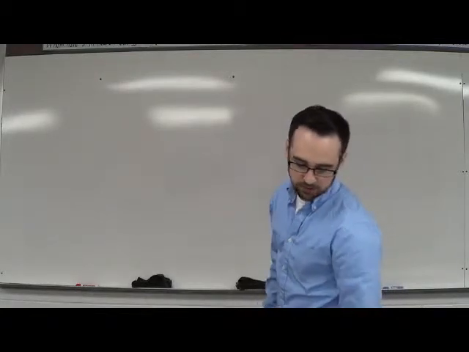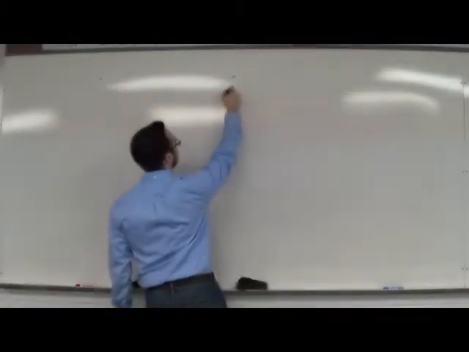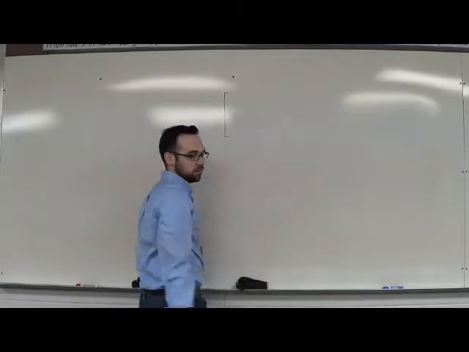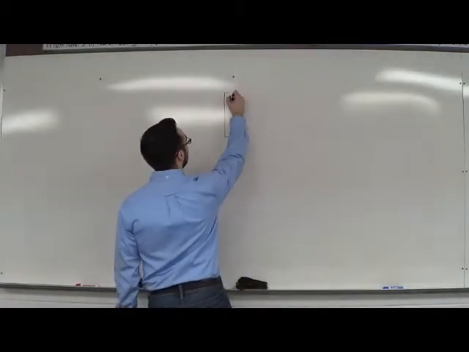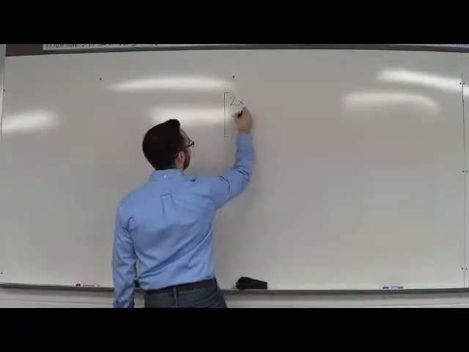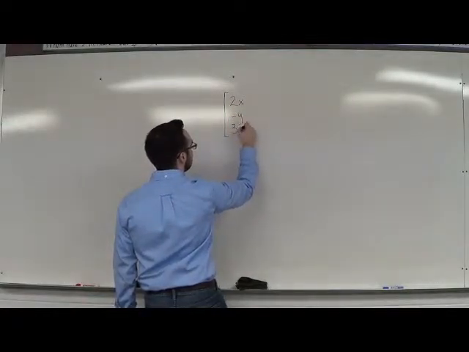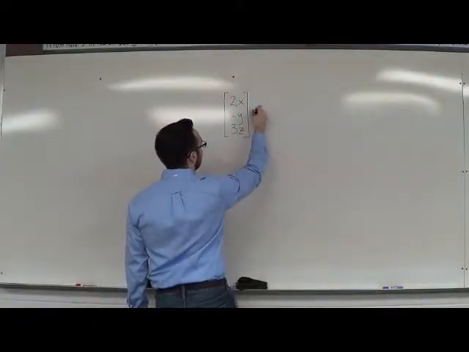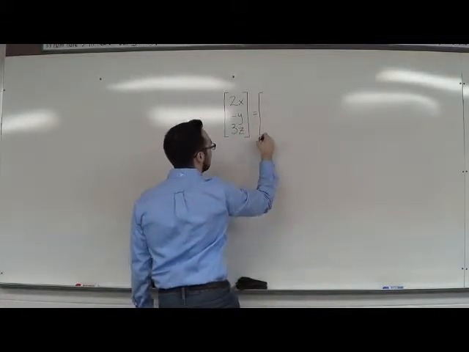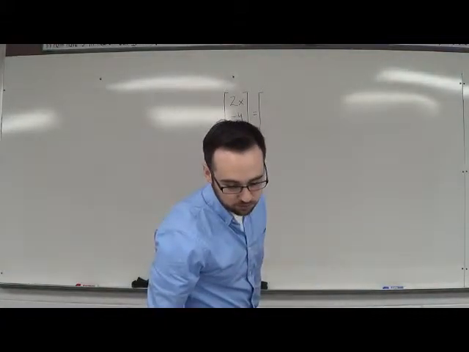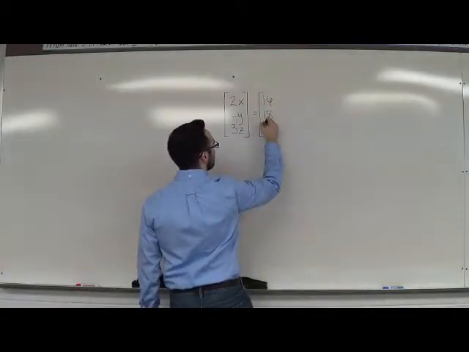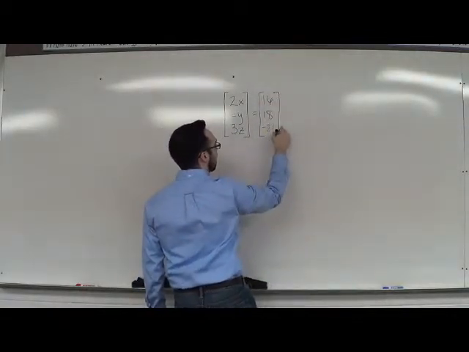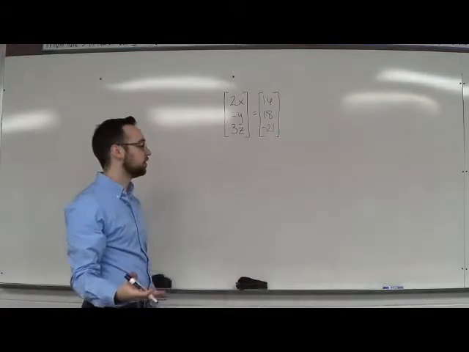So we could have something like this, where we have column matrices. We're going to be looking at 2x, negative y, and 3z. We're going to set that equal to just a column of numbers, 16, 18, and negative 21. So here, each of our variables can be found individually of the others.